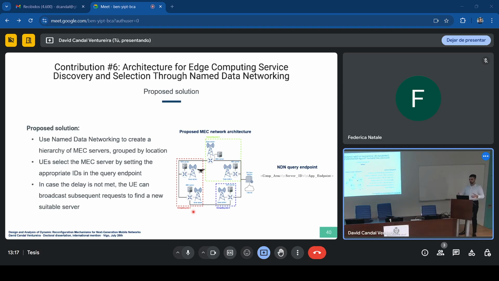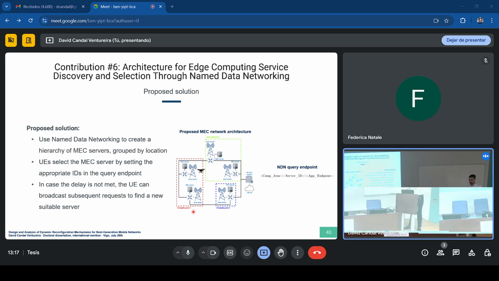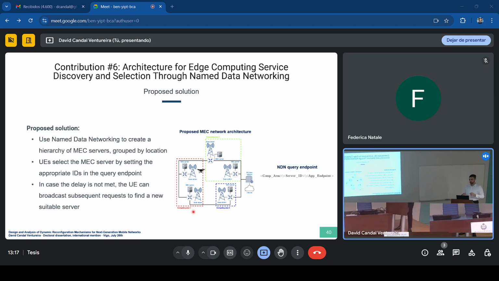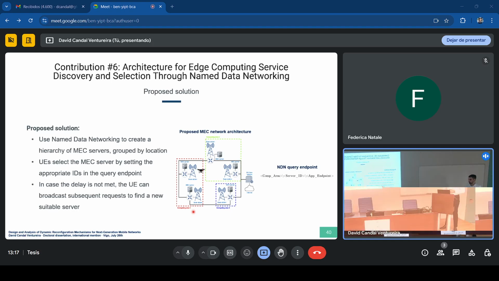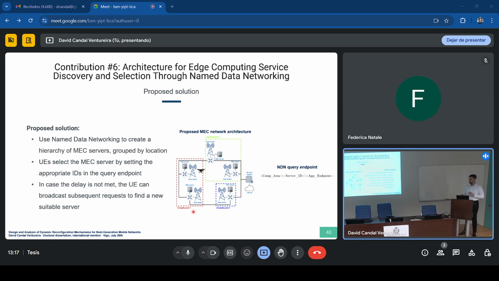Once it reaches the server, it quickly replies, so that we only measure the transmission times.